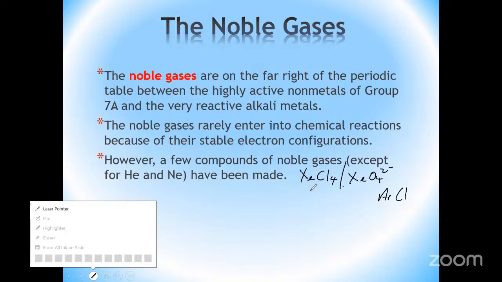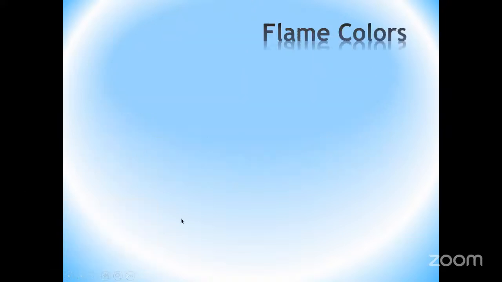But you'd have to employ some special conditions and instrumentation in order to make them and keep them, all right? So that's it for group 8 elements. Not much to say about them because they're not very fun to watch, because they don't do anything really.